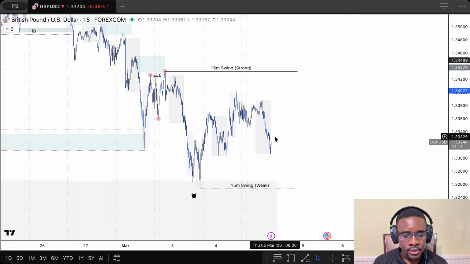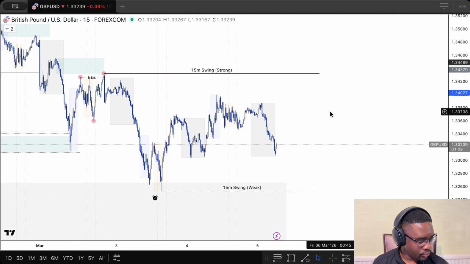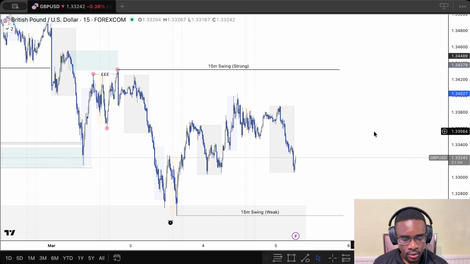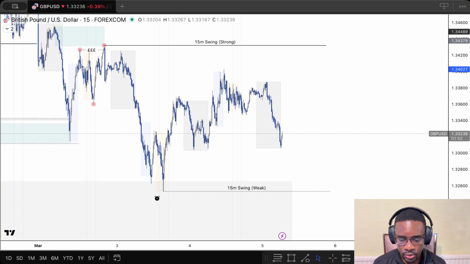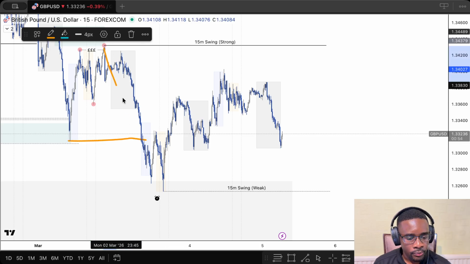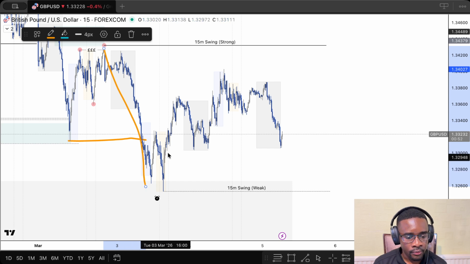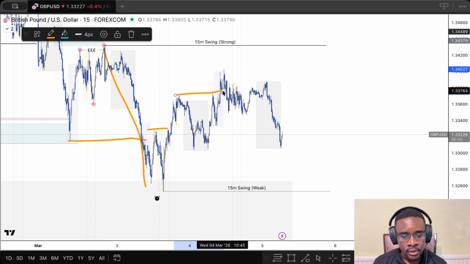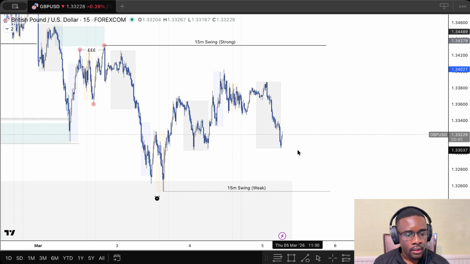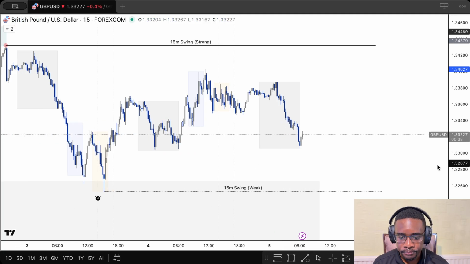Obviously we had an internal break of structure down there, and then internally we've shifted bullish. This is our high, and this is our low that's still being respected at the moment.